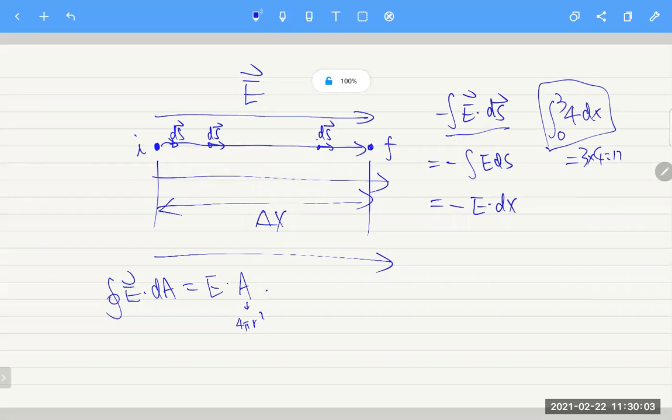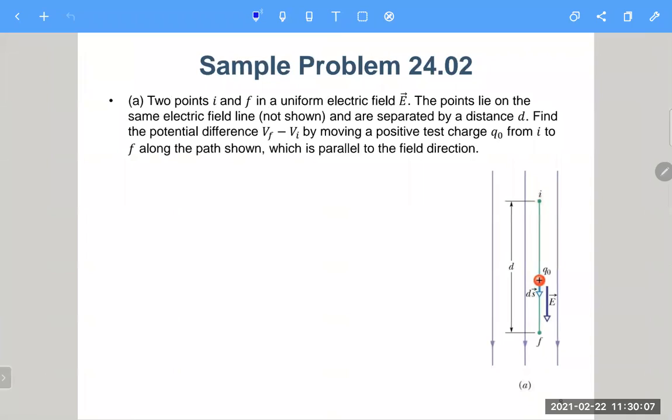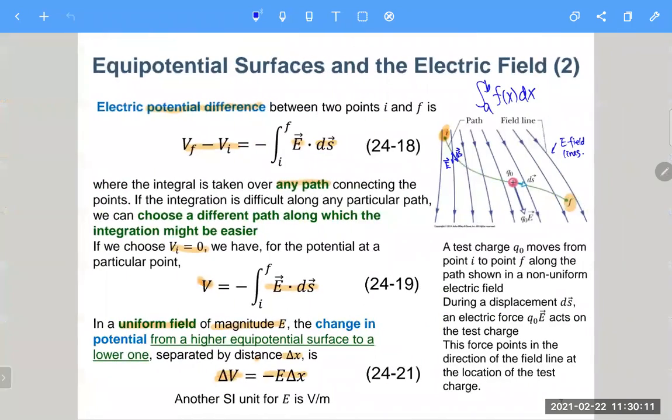Here it is similar to that case. So here is a sample problem. Any question up till now for the equipotential surface and the electric field?